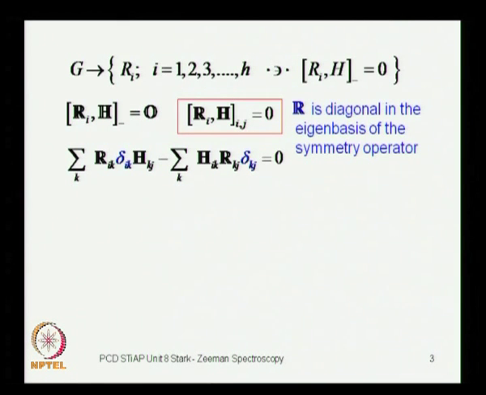So the summation over k will contract and you get Rii Hij minus Hij Rjj equal to 0, and now you can factor out Hij as common and you have this product which vanishes, which means that if one of the factors is not 0, the other must be 0.